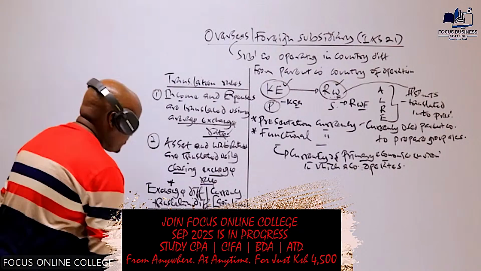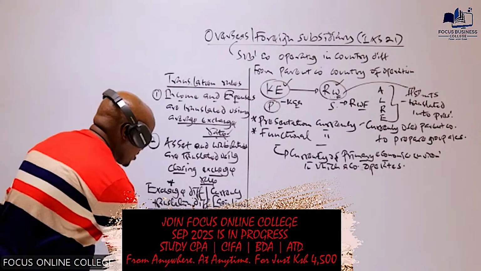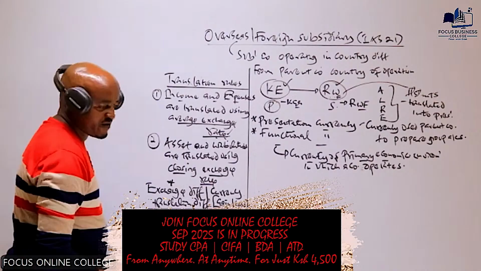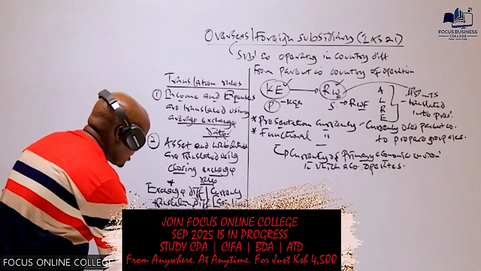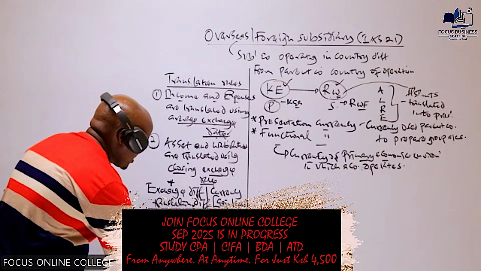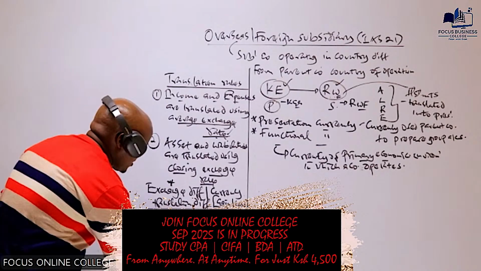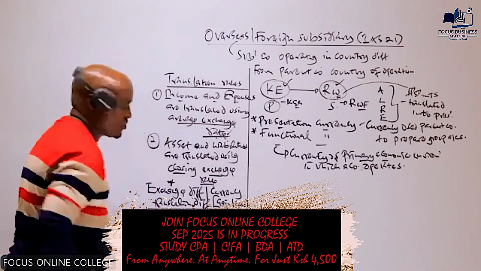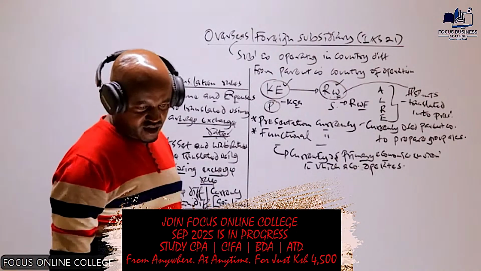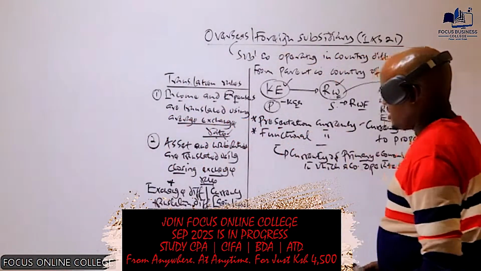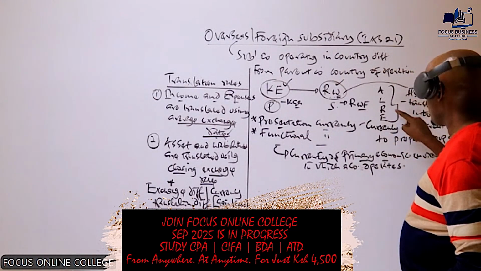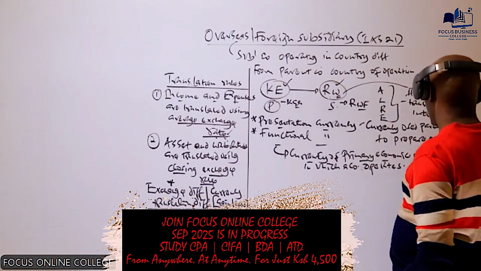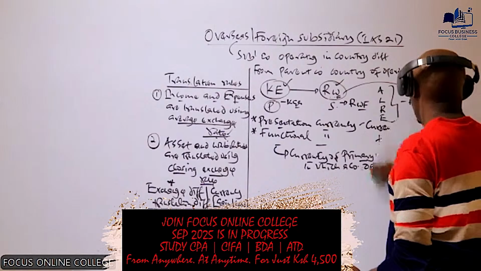Number 2 is the profit for the year, and number 3, the subsidiary company's opening net assets. So we are saying that this currency translation difference, which arises as a result of translating the items of assets, liabilities, revenue, and expenses into the presentation currency, arises from the translation of those three items.